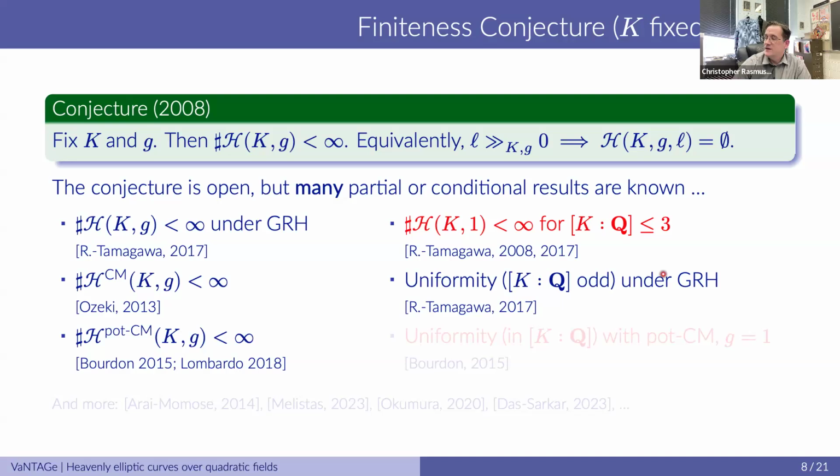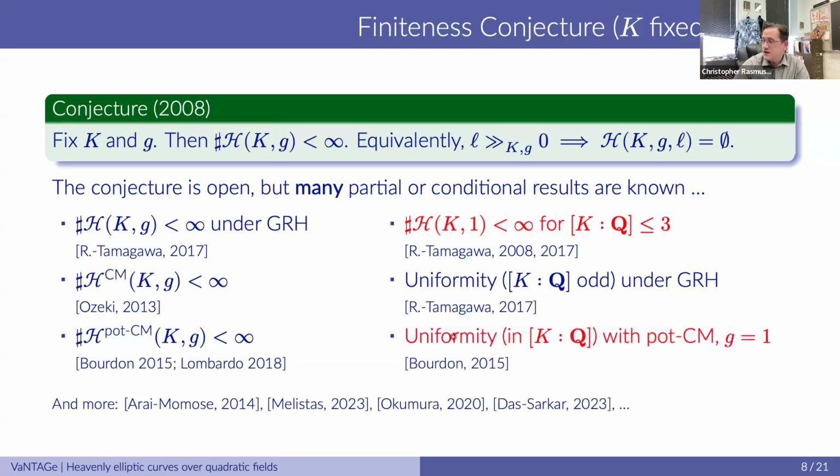So the results we have here don't apply in the case of even degree, but for odd degree, we actually get a uniformity result, meaning that given only that the degree of K is some fixed odd number, the bound on L depends just on G and not on the number field K itself.